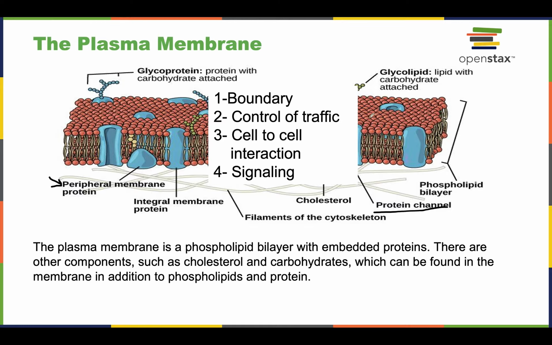It is also involved in mediating cell-to-cell interactions through these proteins that are in here, and also through these carbohydrates. And also it receives signals and passes signals from the outside to the inside. And again, very often these signals are passed and received through these proteins that are sitting inside the plasma membrane. Sometimes the signals are passed through these phospholipids as well.